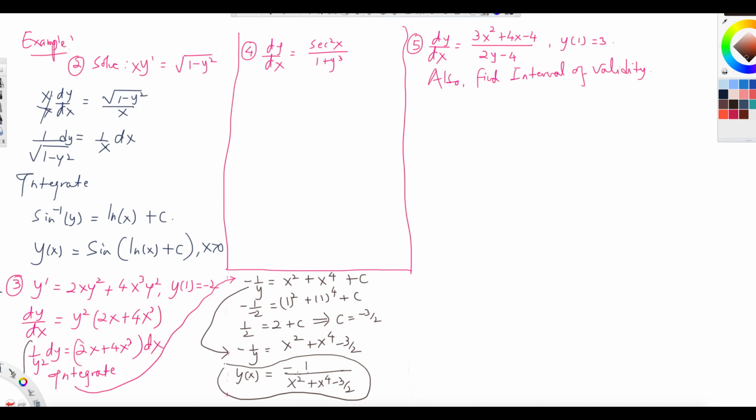So if you draw the graph of this function, you will get this. That's what I got from my graph. The graph looks like this, with negative 1 and positive 1.